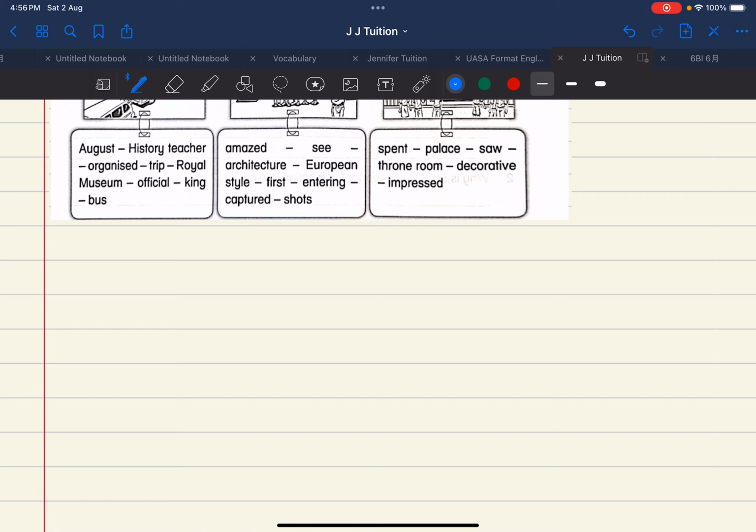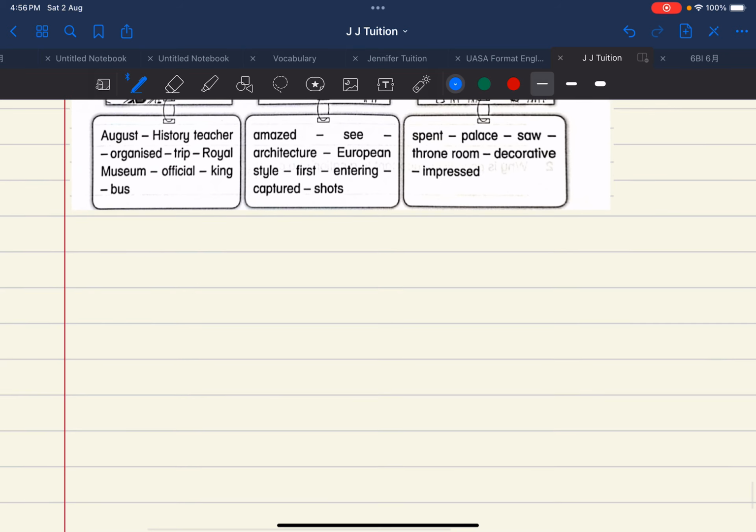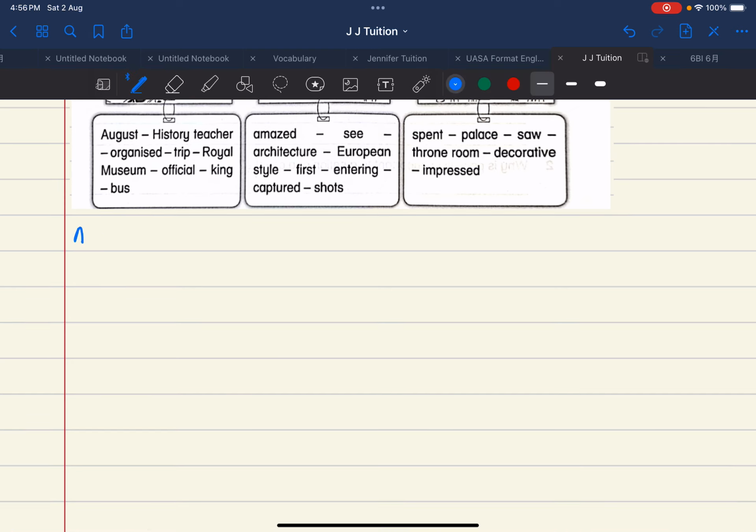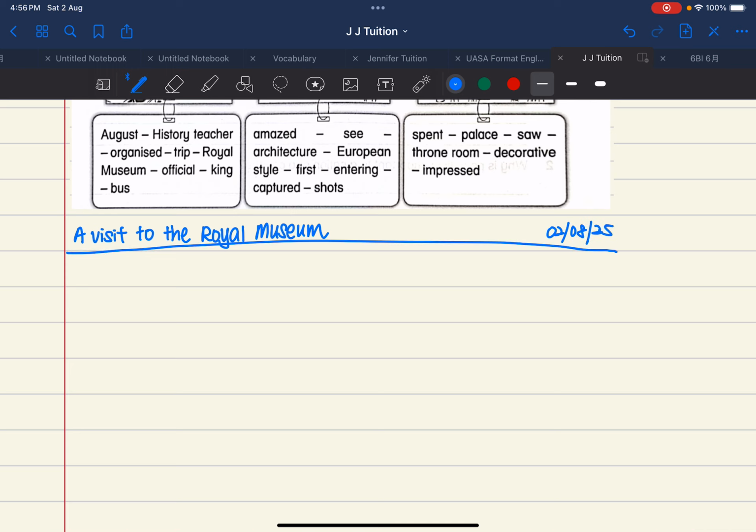You can write down visits to the Royal Museum. Okay, this will be our title, a visit to the Royal Museum.